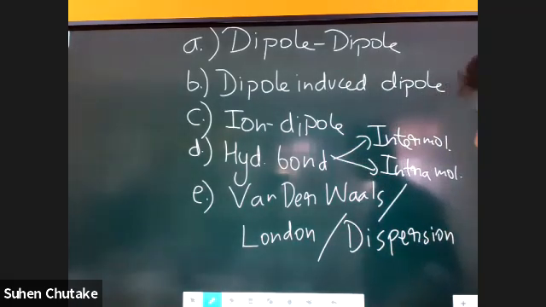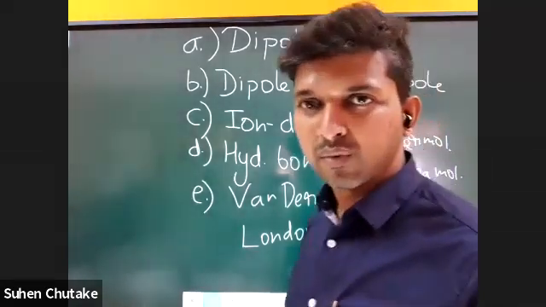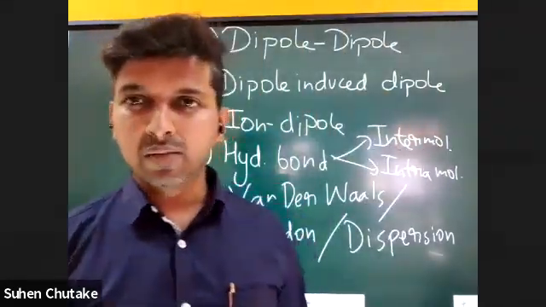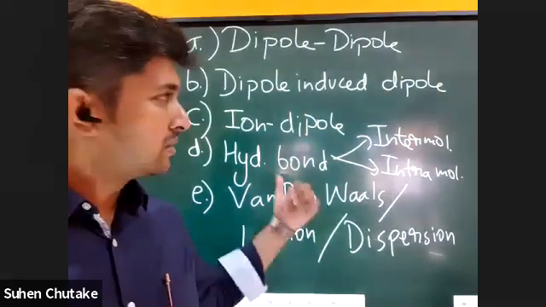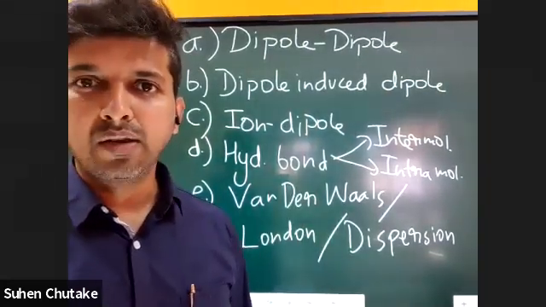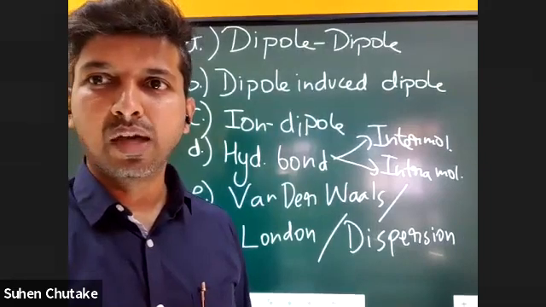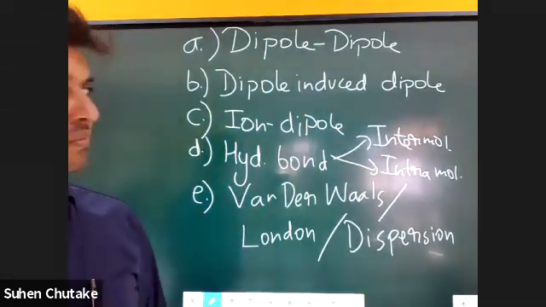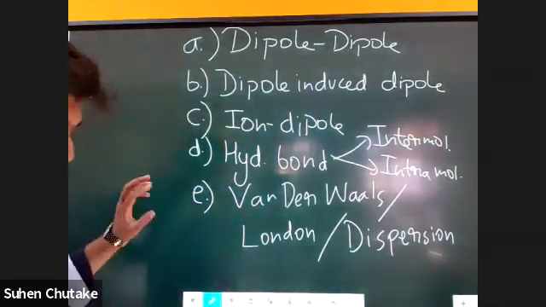So these are the bonds which are available, the types of physical bonds.